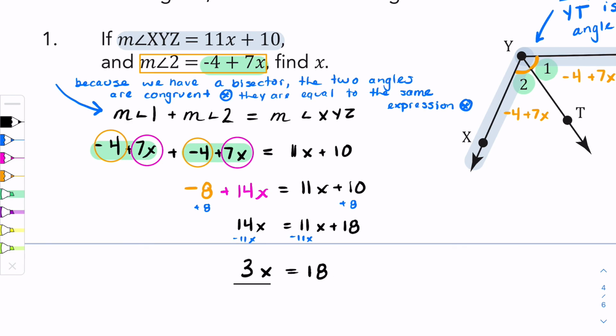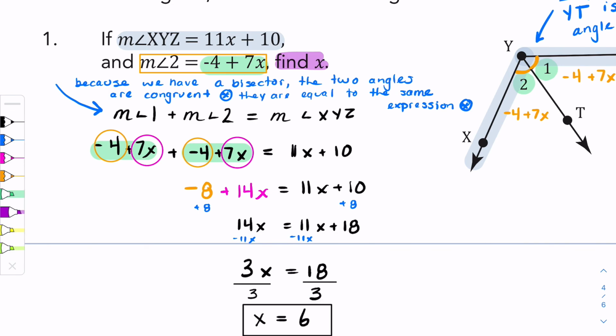From here, I divide both sides by 3, and that gives me the answer of x is equal to 6. So the directions here specifically tell us to find the value of x. That's what the directions say. So this is going to be my final answer.